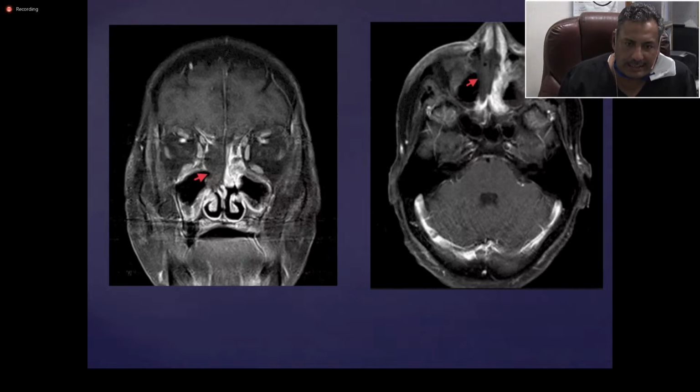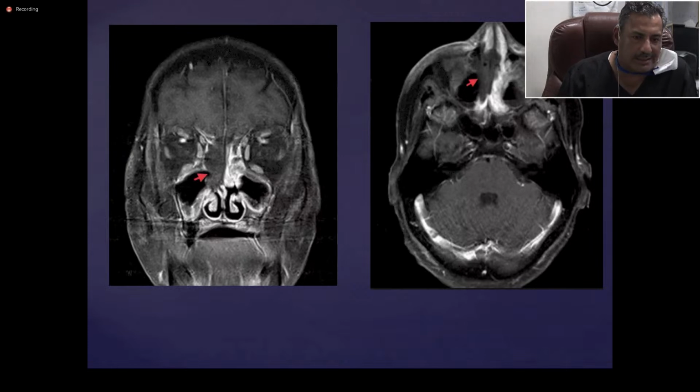So what we get out of the contrast MRI is the ability to choose the cases for medical treatment, and the ability to select the cases for surgical treatment, the necrotic area where there is no vascularity. You need to remove them surgically to make the medical treatment effective. So how is the MRI game changing?